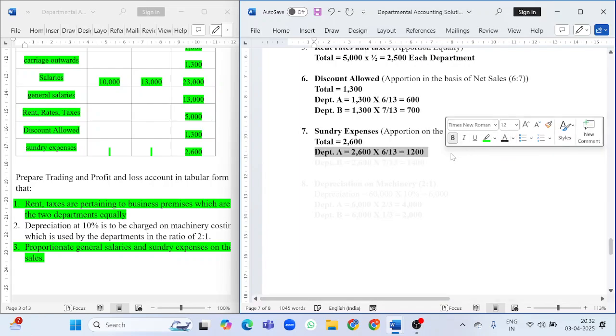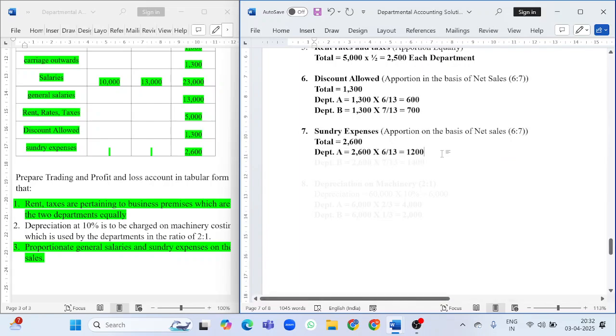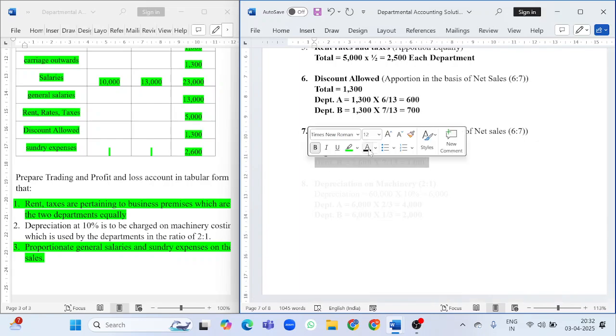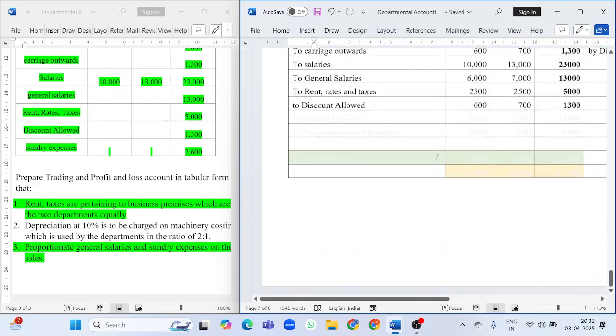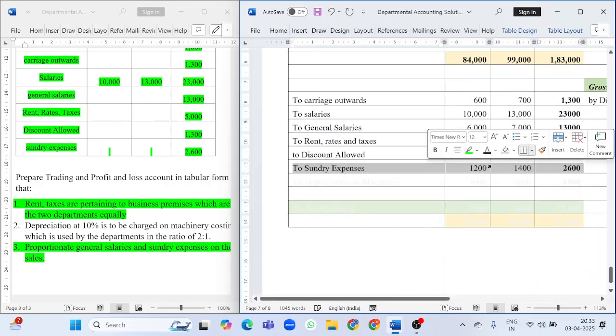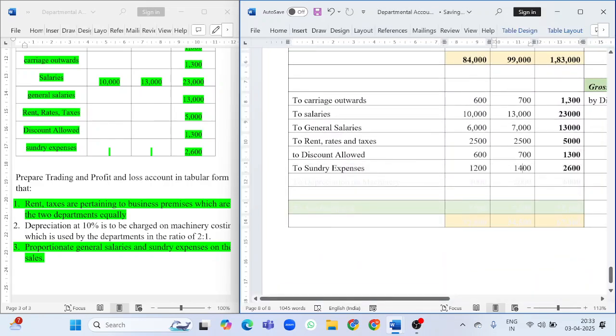For department A, it will be 2600 into 6 by 13, which will be equal to 1200, and for department B, it will be 2600 into 7 by 13, which will be equal to 1400 rupees. The same thing I will show over here: 1200, 1400, and the total will be 2600.